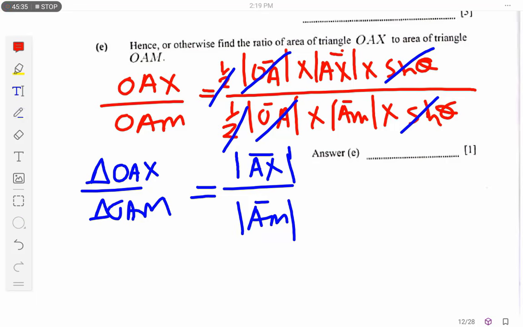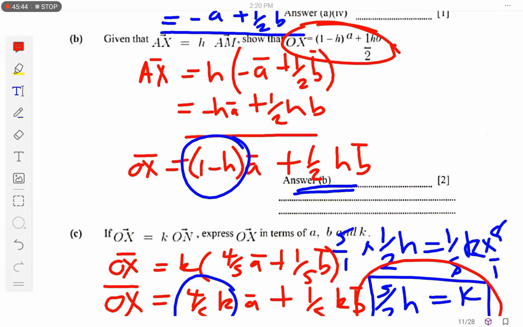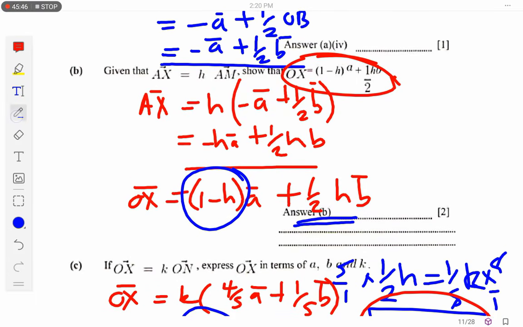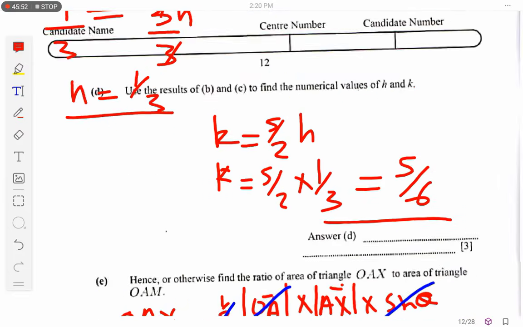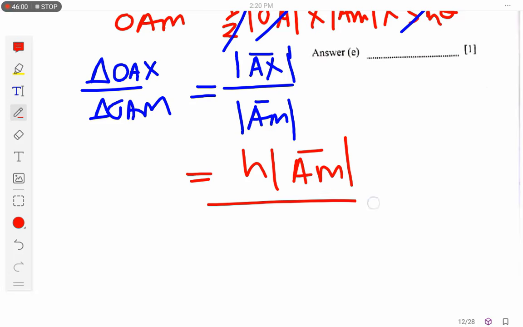If you remember, when we were calculating, we calculated AX once, and we said our AX was equal to H times AM, so I can use this information. AX is equal to HAM over AM.